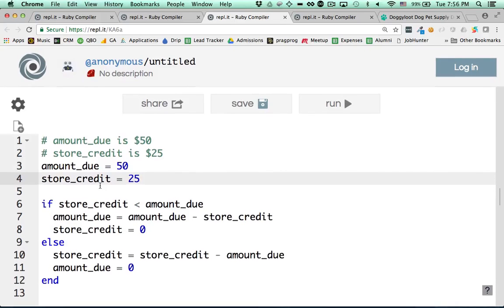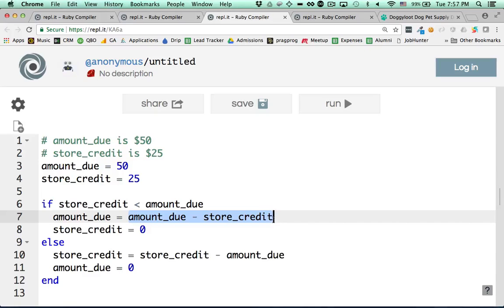So if the store credit is less than the amount due, then the amount due after spending your credit becomes amount due minus store credit. It's hard at first to reason about, but basically we're decreasing amount due by your store credit. So if your amount due is $50 and your store credit is $25, Ruby calculates that as $25.